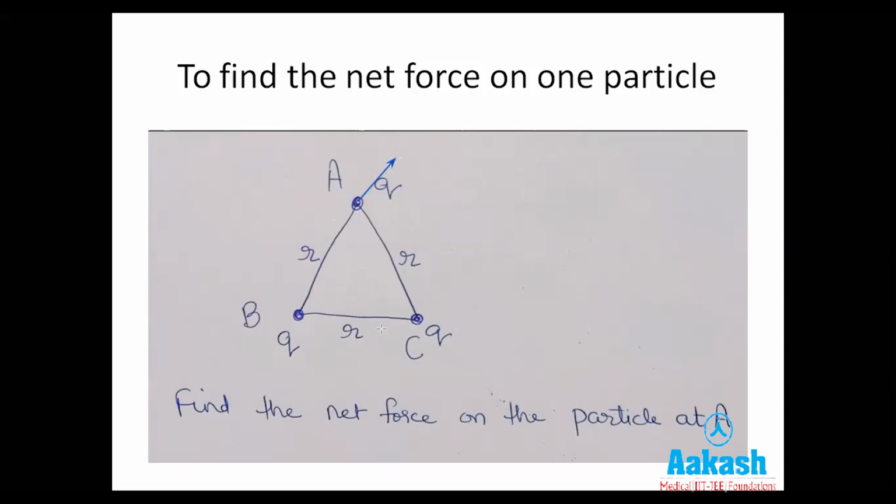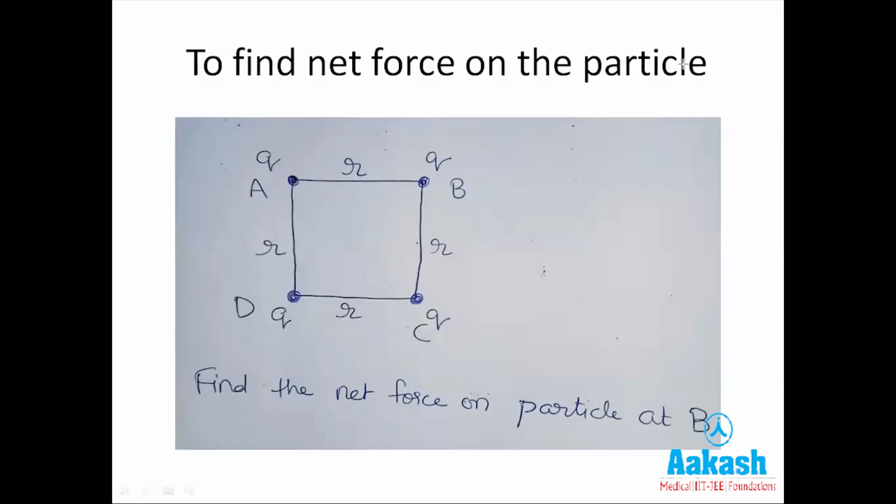Then this C also exerts a repulsive force, which I can show in this direction. And if we just find the magnitude and use the vector sum, we can very easily find out the net force.